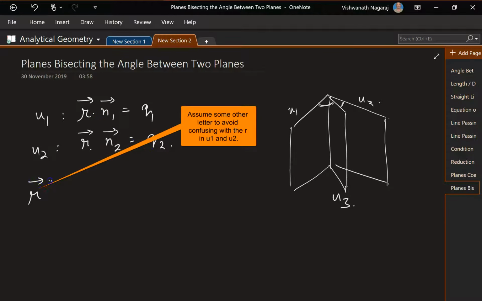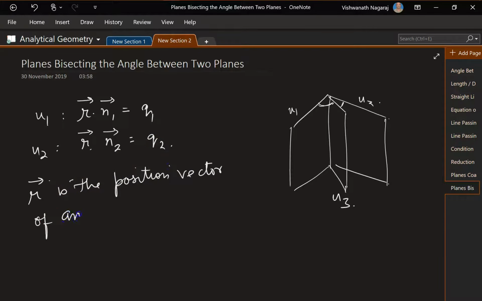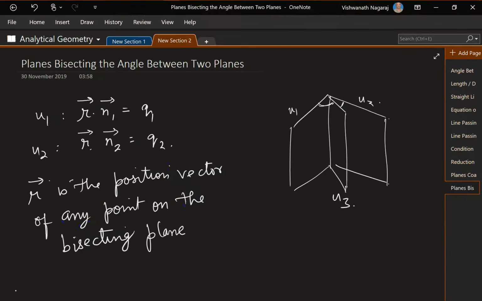Now here r is the position vector of any point on the bisecting plane.